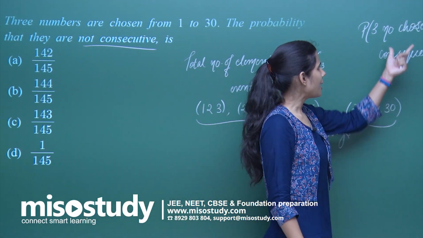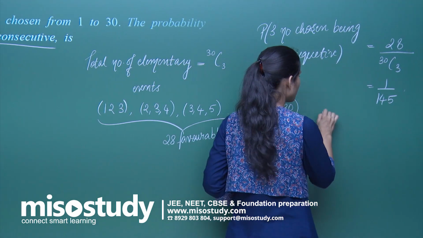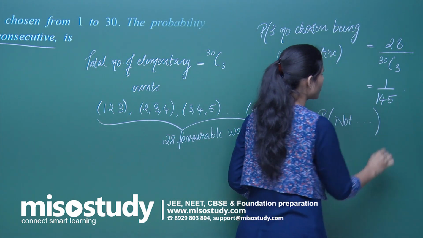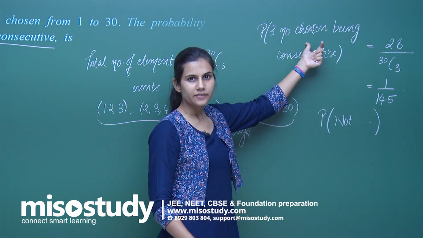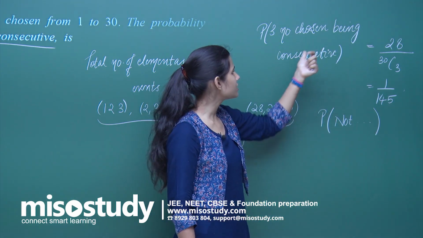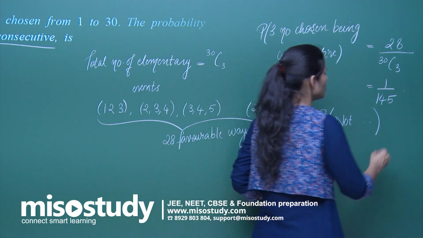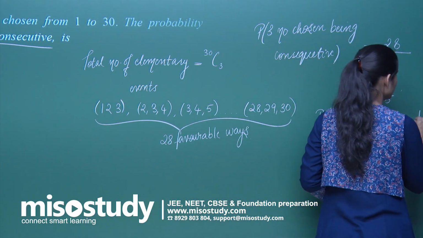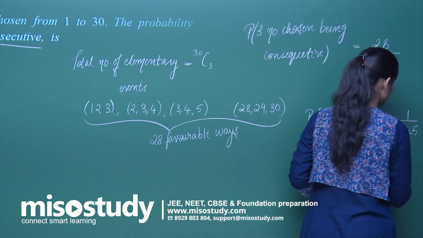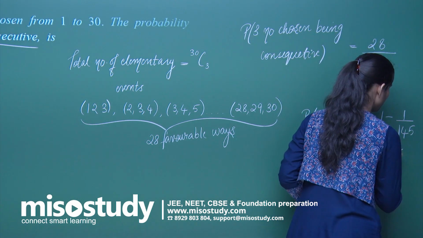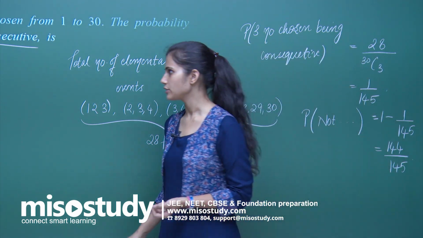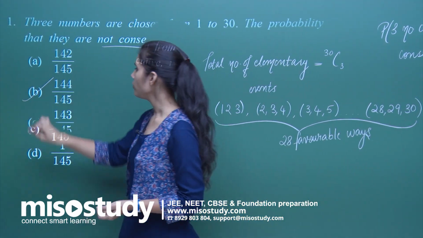So the probability of not happening of that event, that means probability of 3 numbers chosen being not consecutive, will be 1 minus probability of happening of that event, which is this. And this gives you 144 by 145 as your actual answer. So your answer is 144 by 145.